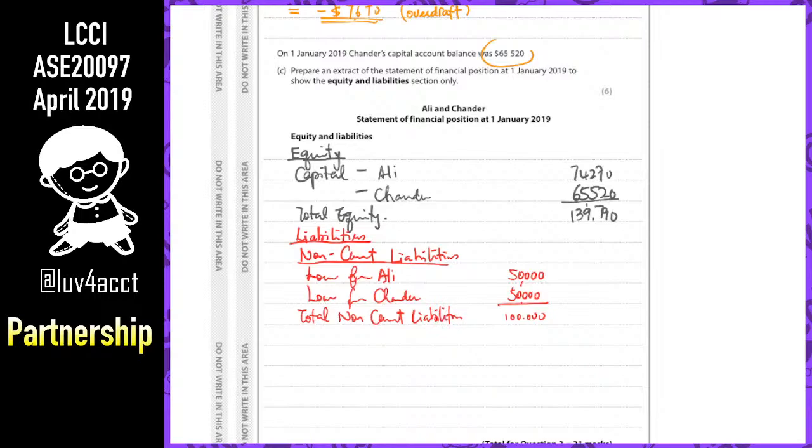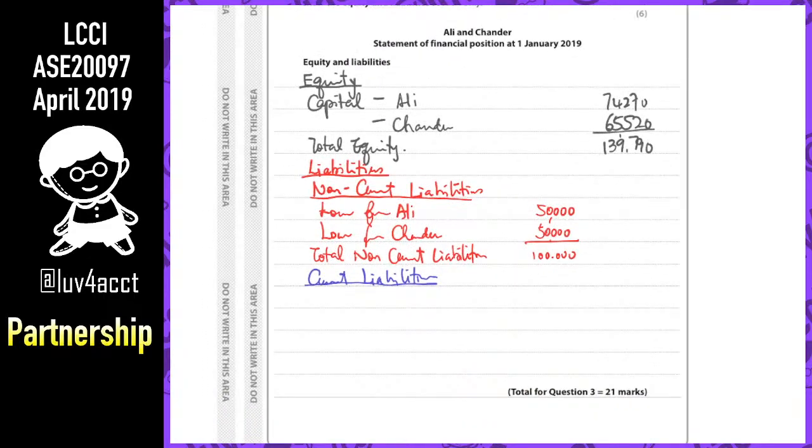Okay, and then next you have current liabilities. I'll give you 5 seconds to think how many items of current liabilities you have. Okay, 5 seconds pass. You have 2. Of course, trade payables given to you directly.